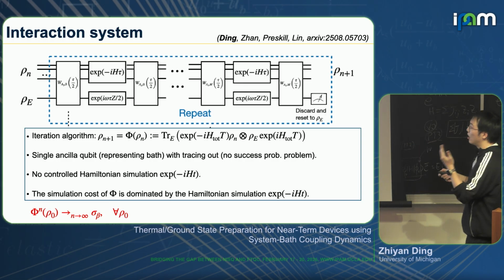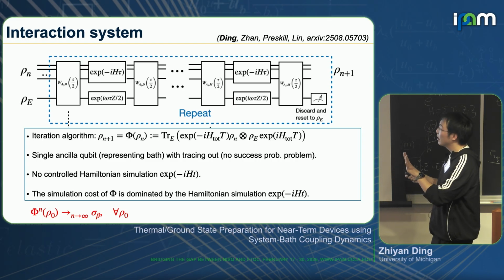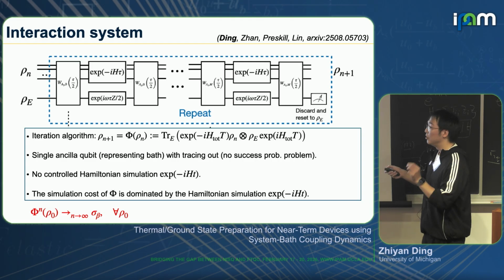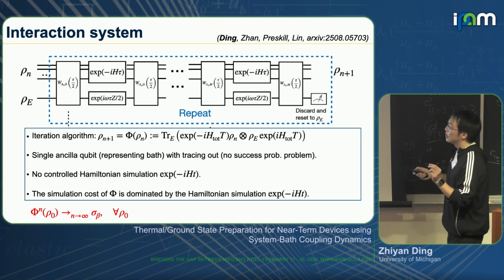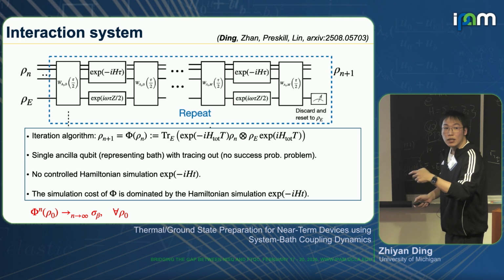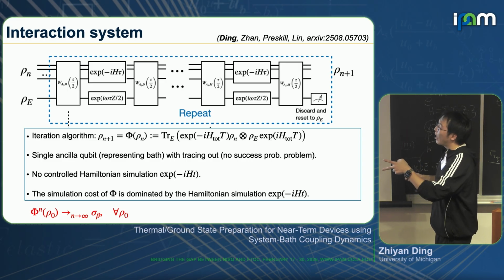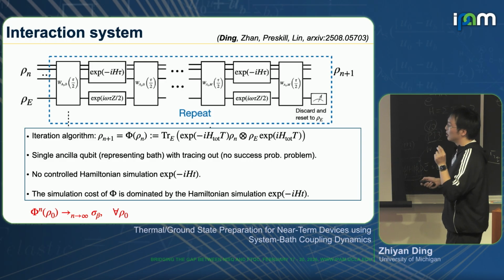And in this quantum circuit, although I draw a very large rectangle here, in our implementation, this rectangle is only a 2-qubit gate. So it's only a 2-local gate, one acting on the bus and one acting on the system part.